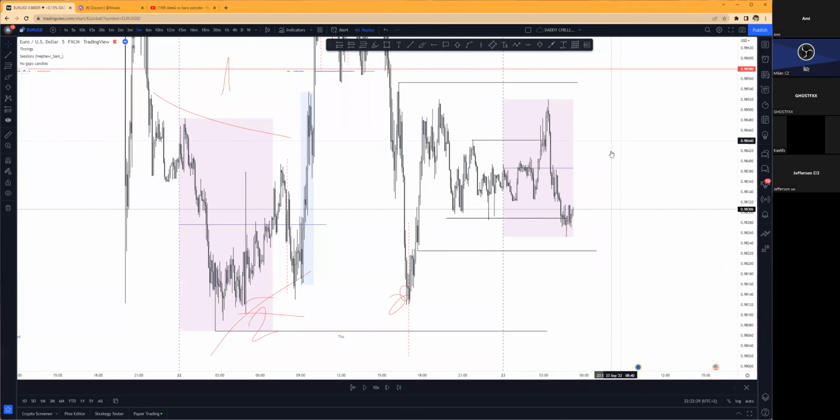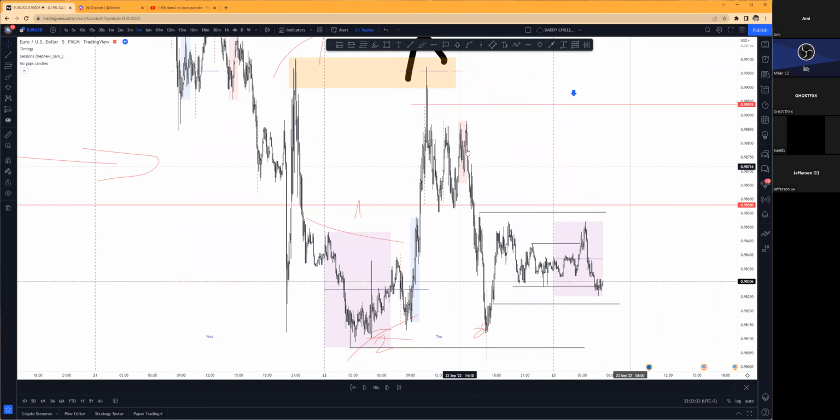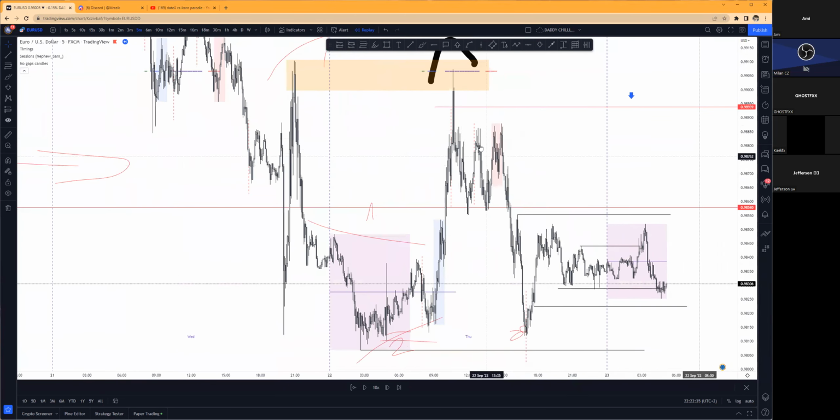So we are looking for sells now, and I'm trying to find an inefficient price action here. You can say this is inefficient on 1 minute, but from the higher time frame perspective, this whole box is super efficient. So there's nothing for price to seek here anymore.